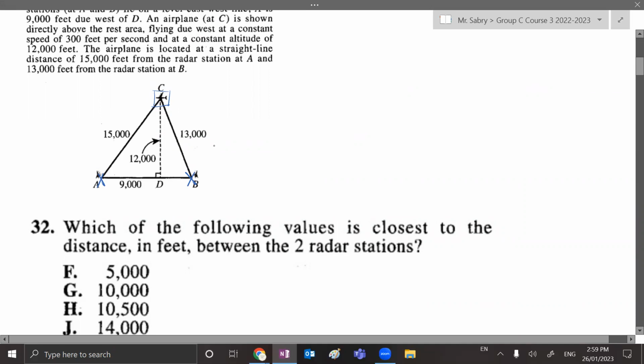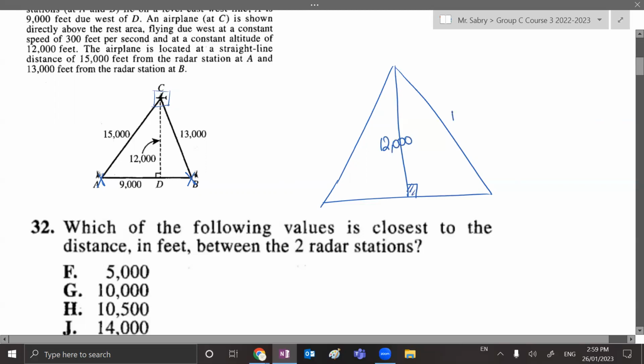When you look at it, these are triangles at the end of the day, right triangles as well, so we can use the Pythagorean theorem. If this is 20,000 and this is 13,000, I can use the Pythagorean theorem to find the value of this side here, because this is the only part that I don't know.